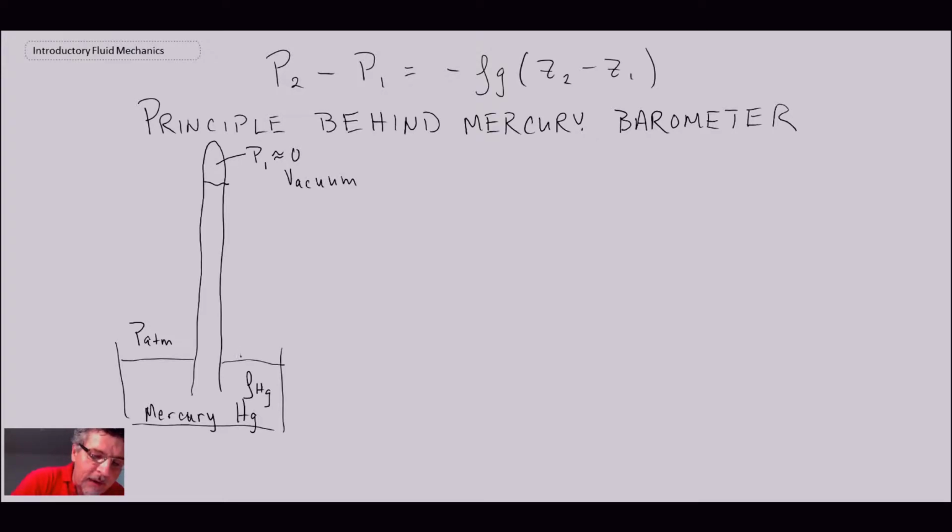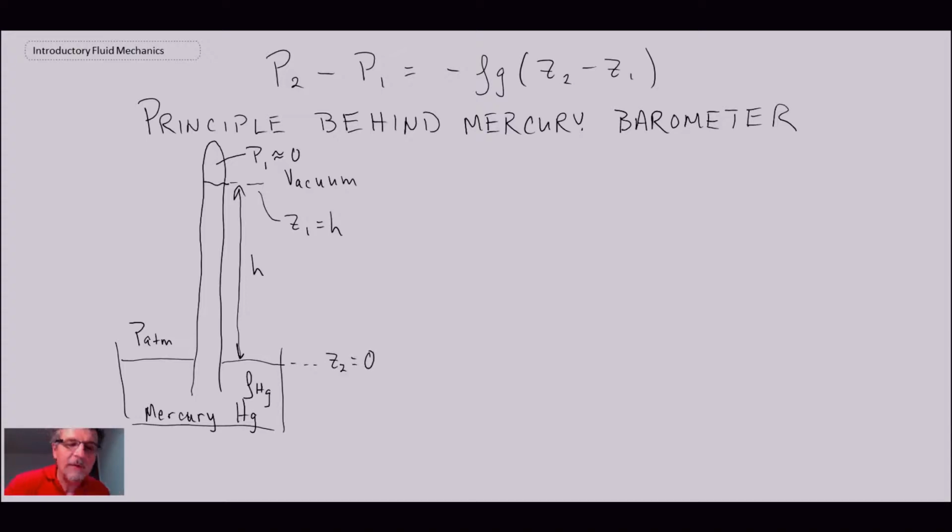And then they would measure the height of this column, and that would be height h, and this position here is z1 equals h. And the position down here is z2 equals 0.